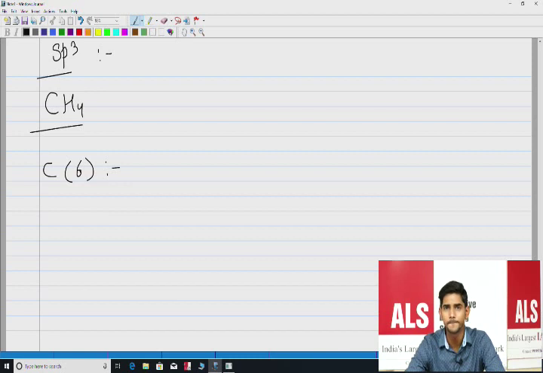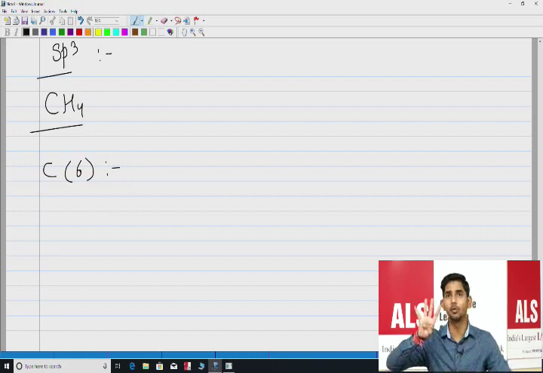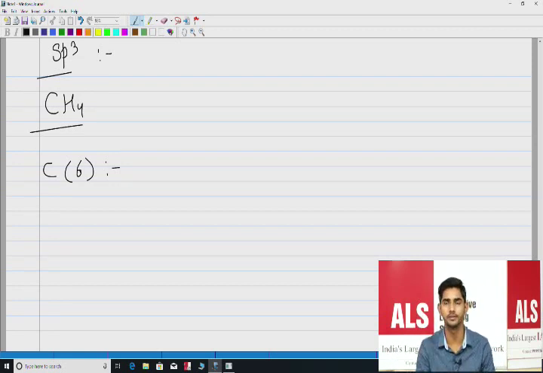Think about one thing. Is it possible that four lines can be mutually perpendicular to each other? There are three axes which are mutually perpendicular to each other, and the angle between them is 90 degrees. I said four. So in case of four, how can you place them mutually perpendicular to each other? Think about it. How can you place four sticks which are joined at a particular point? Look at this.